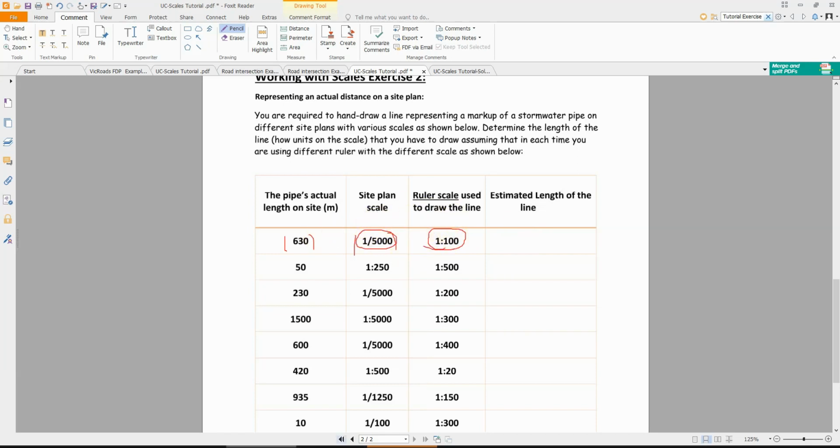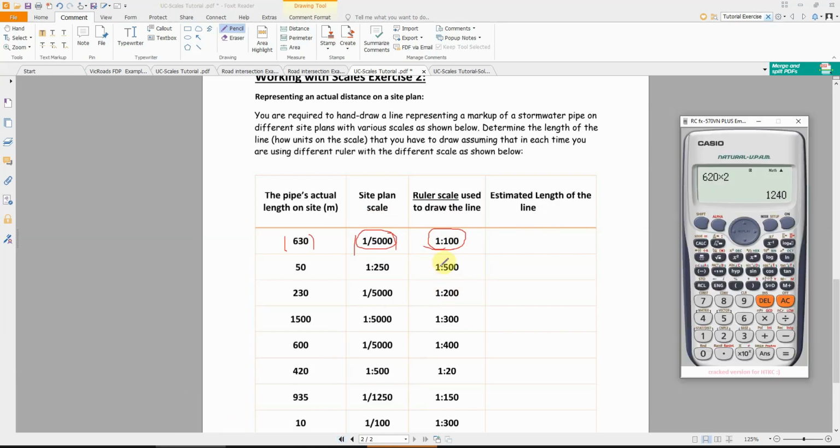So let's do one of those quickly, without writing it down. So the scaling factor, again, I've got 1 on 100 divided by 1 on 5,000.